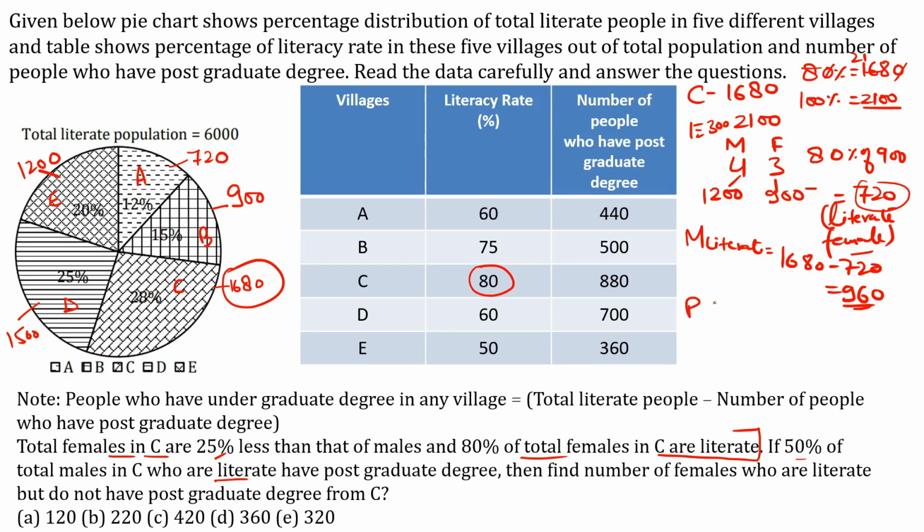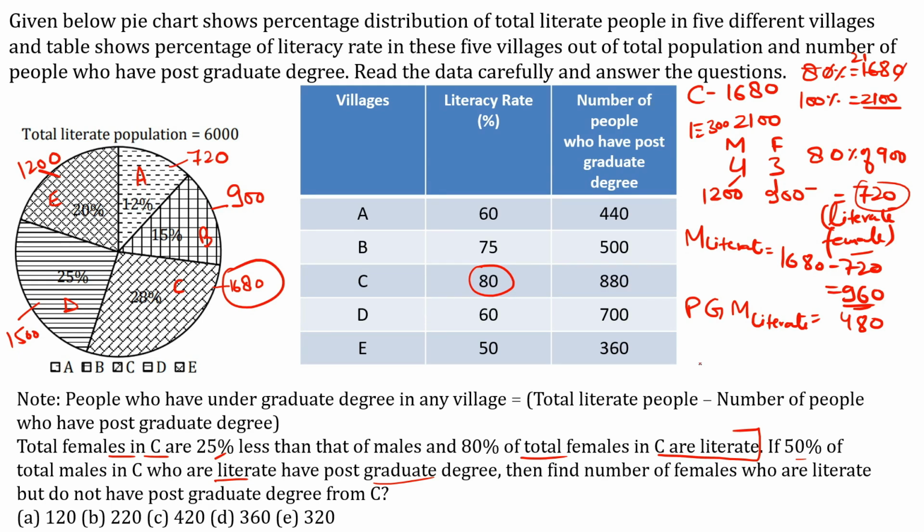So postgraduate male literate, I am writing like this, 50% of this value means 480, obviously. So 480 are the literate postgraduate males. Then find the number of females who are literate but not postgraduate.